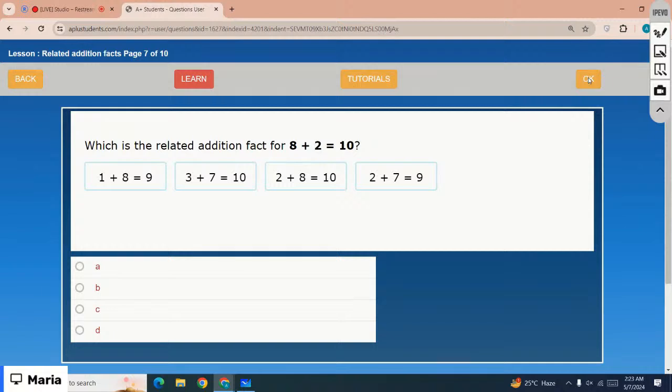Which is the related addition fact for 8 plus 2 equals 10? That is option number C. 2 plus 8 is the correct option.